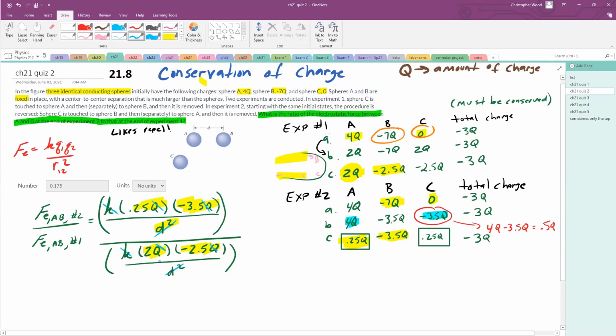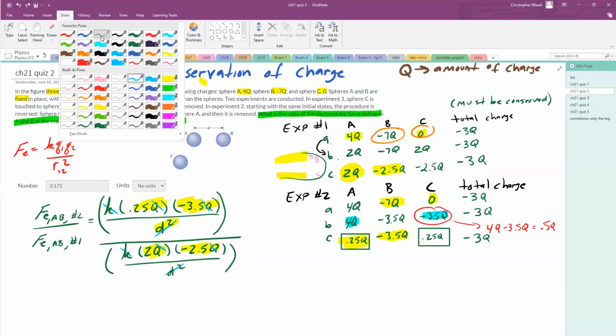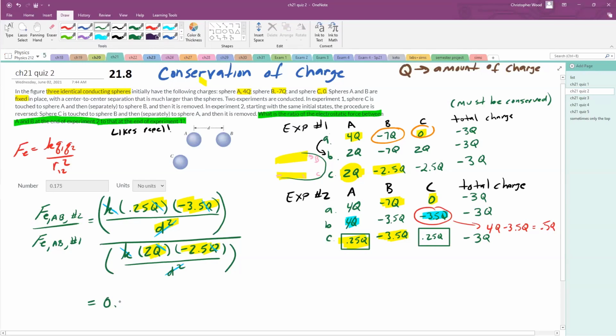Everything cancels except for numbers, which is what you would hope to be the case. Okay, so in my case, when the smoke clears, I've got this ratio as 0.175.